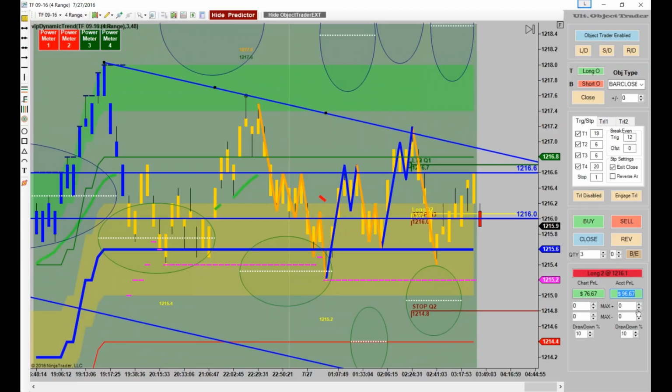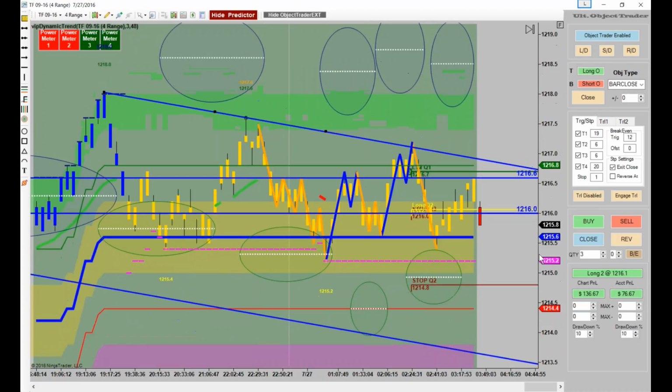Okay? And it looks like that one's going to stop us. Exit on close. So we're only up $75 and some chop, maybe, if this doesn't just plow it down. $76. How long have we been trading? Well, actually about 2 hours.